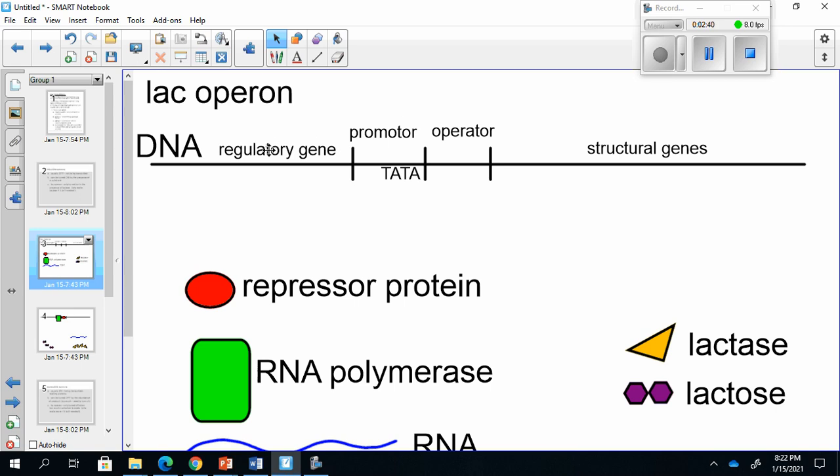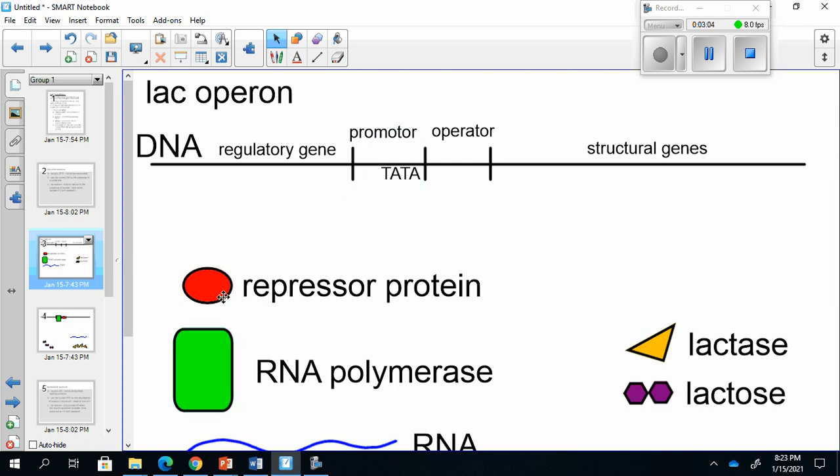The beginning portion of it, so upstream, is the regulatory gene. The regulatory gene makes repressor proteins. So when I say it makes repressor proteins, it codes for messenger RNA that goes to the ribosome and builds this repressor protein. All right, the promoter is where my RNA polymerase binds to, right there at the TATA box.